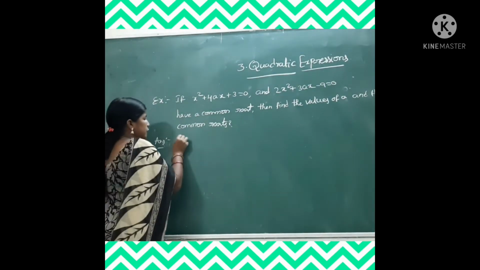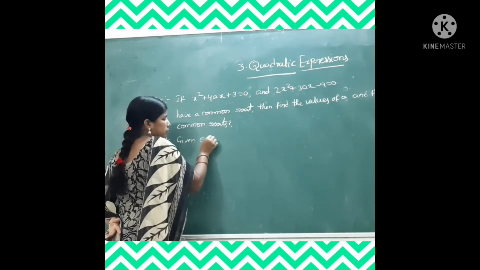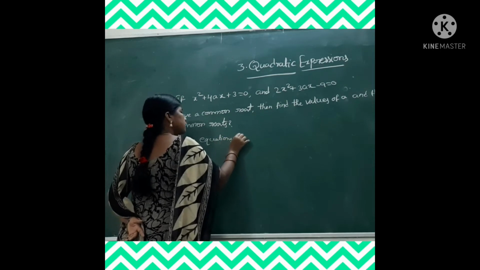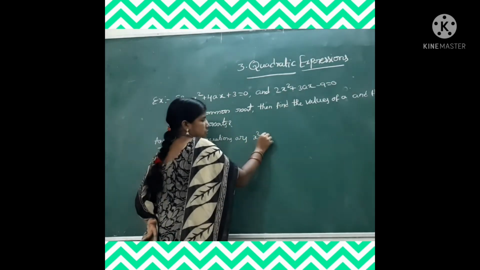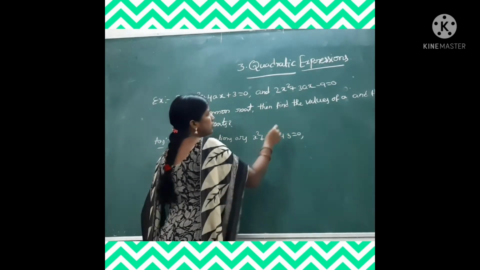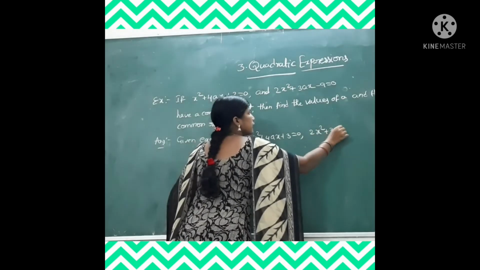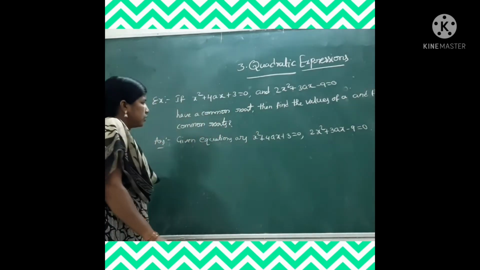First we write the given equations: x square plus 4ax plus 3 is equal to 0 and 2x square plus 3ax minus 9 is equal to 0. Okay.